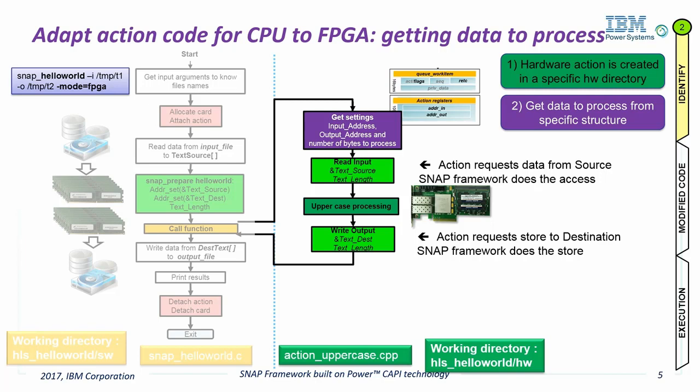You will notice that the action requests read and write, and Snap executes these requests. No need to involve the CPU, no need either to understand the complex protocol and logic beneath to get this data. Snap's work is to hide that under the cover so that life remains easy for the software coder.